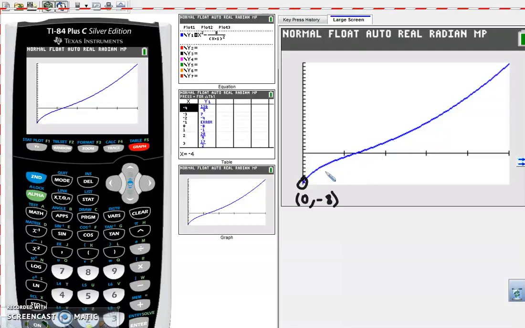Now, one thing that I want you to notice about this graph is that obviously if my graph is down here below the x-axis, then it's in the negative position. You guys know that.